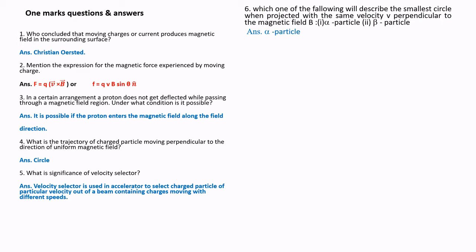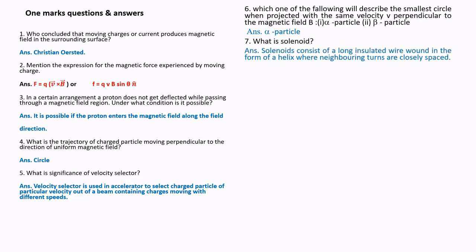Which one of the following will describe the smallest circle when projected with the same velocity v perpendicular to magnetic field B? Number 1, alpha particle. Number 2, beta particle. Answer. Alpha particle.